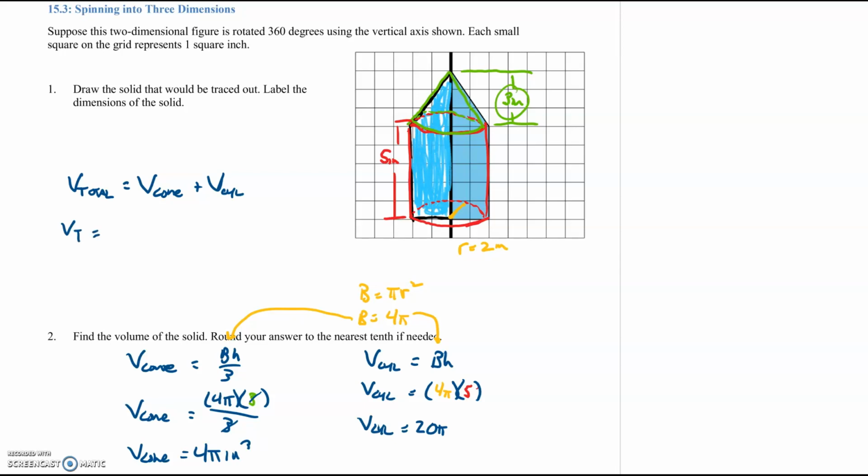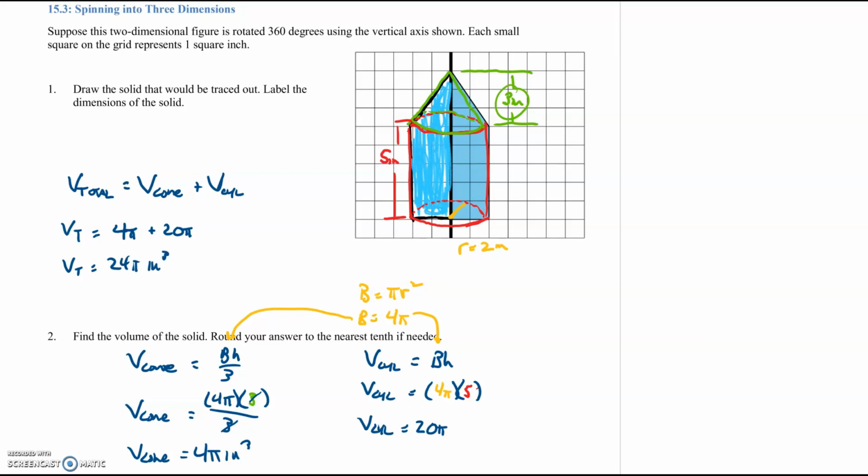So over here, to find the volume total, all I have to do is add these two, the volume of the cone of 4 pi plus the volume of the cylinder, which is 20 pi, for a total of 24 pi cubic inches.